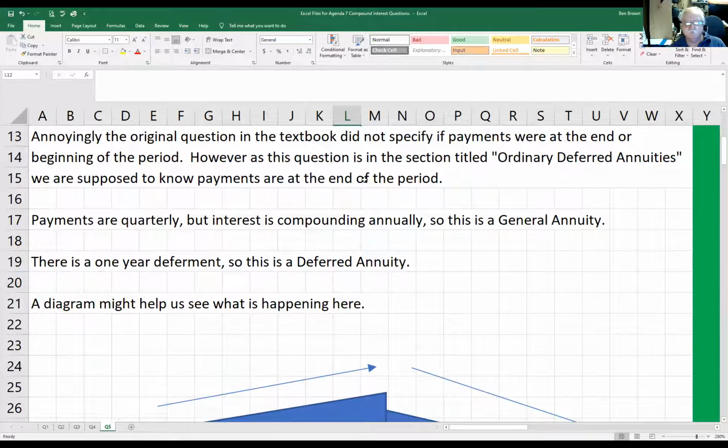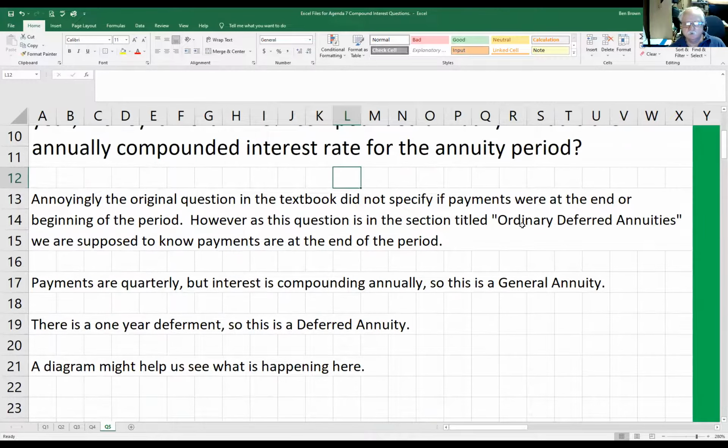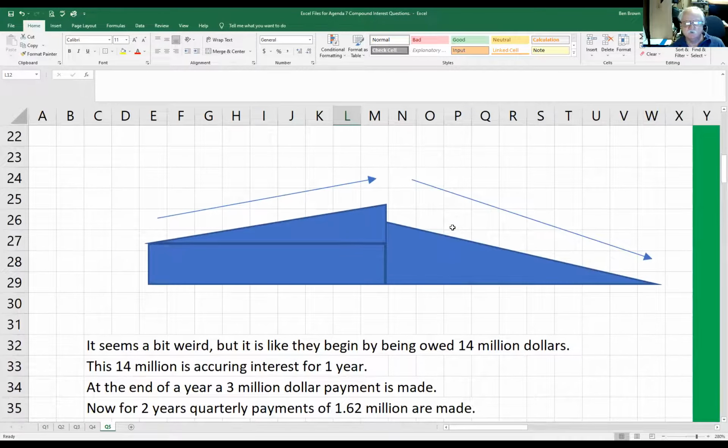And we know this is an ordinary annuity because the payments are made at the end of the period. The diagram looks a little different here because they start with the full value of the project and they're not making any payments.